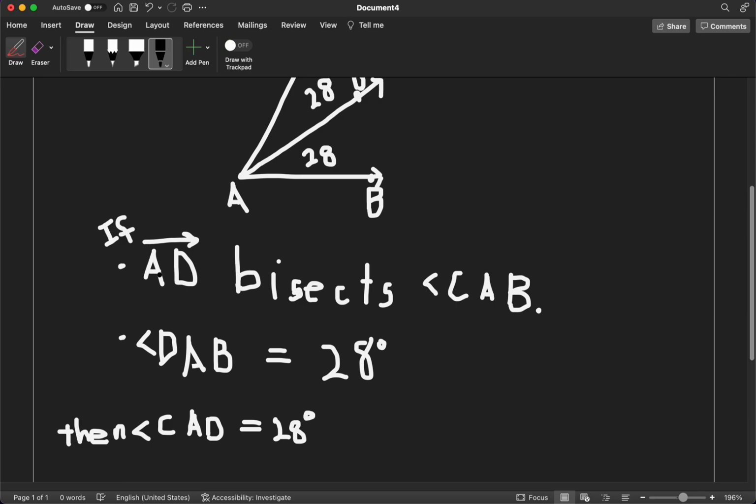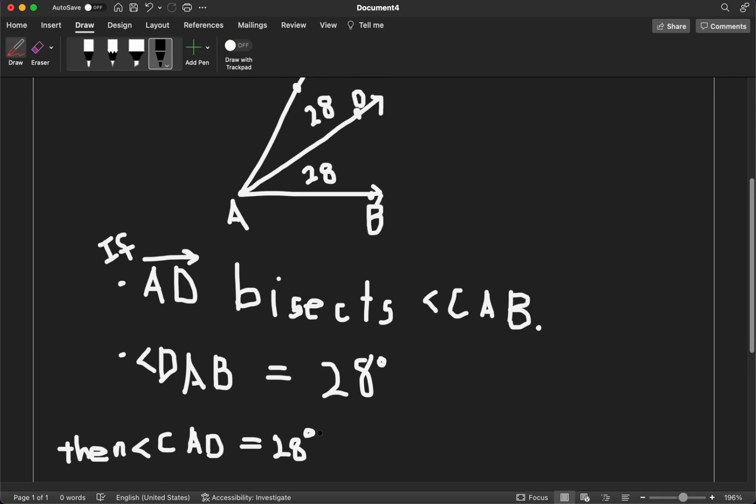If ray AD bisects angle CAB and angle DAB equals 28 degrees, then angle CAD equals 28 degrees. Pretty simple. It's our first proof. All right, you did it. Good work.